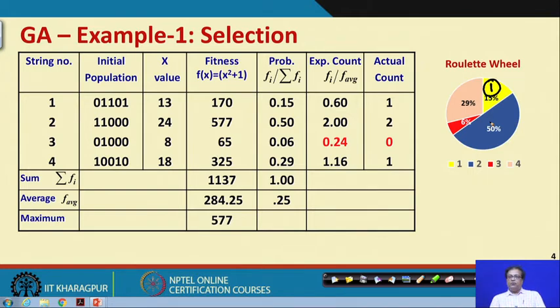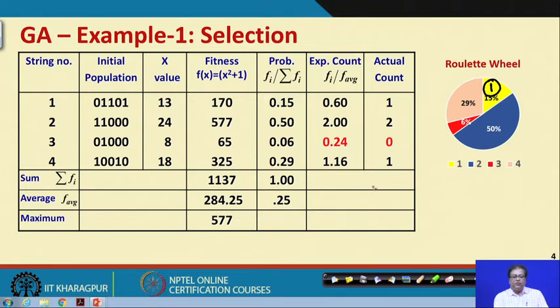We again took some random number between 0 and 1. Suppose the first time the random number comes out to be 0.3. Then 0 to 0.14 will select the first one, 0.14 to 0.64 will select the second one. So, this particular number, say 0.3, will choose the second string. Like a typical random number experiment, we got those actual counts.